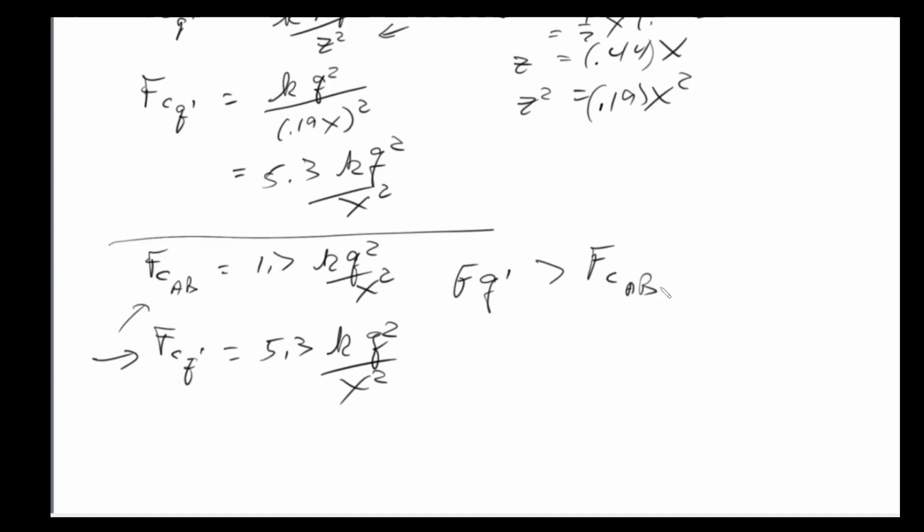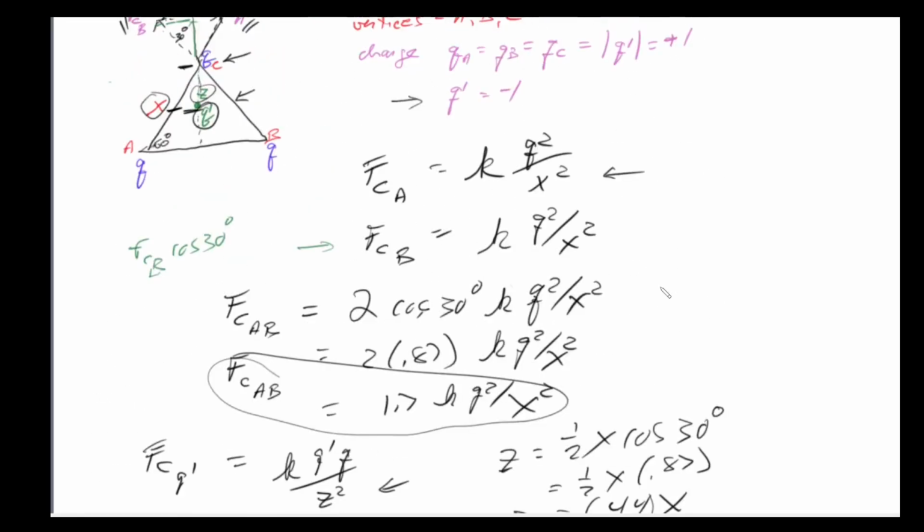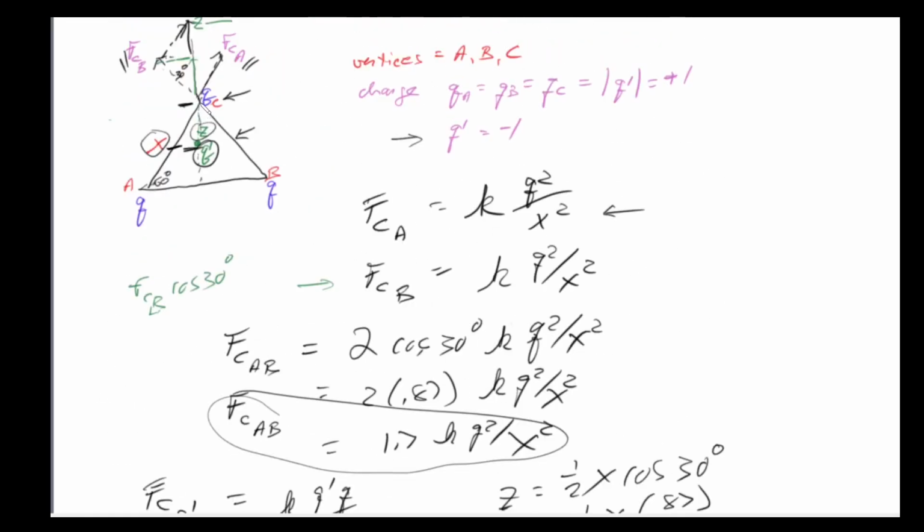So that would mean that the charges at the vertices would move in towards the center, towards Q prime. In other words, these charges would all move in towards Q prime due to a greater attractive force of Q prime than the repulsive forces of the Q's at the vertices.